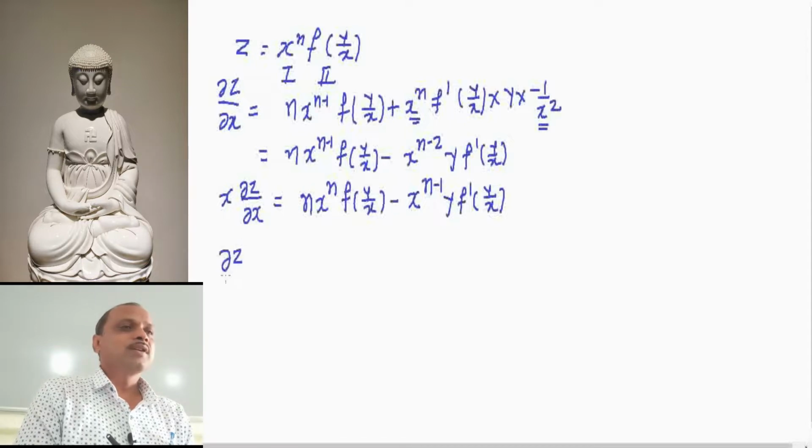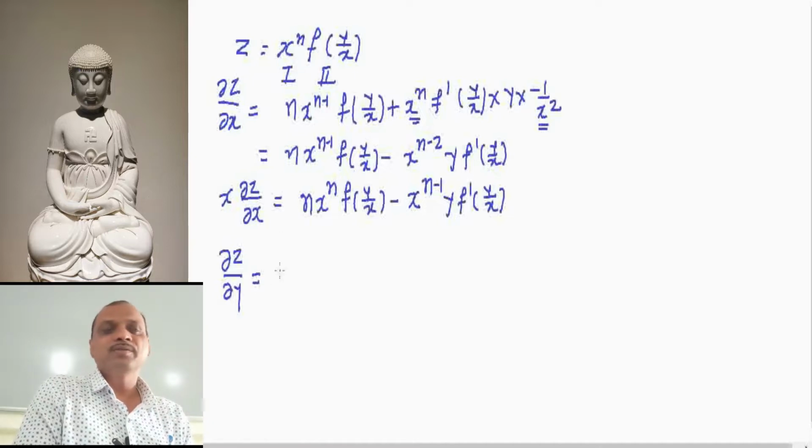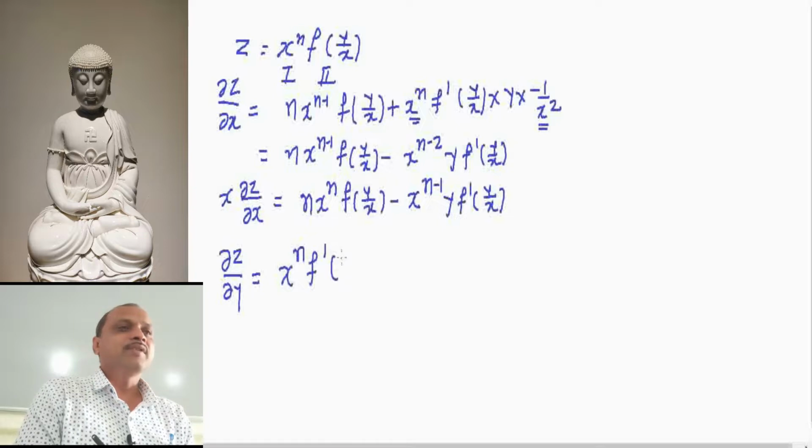Now differentiating partially with respect to y, x is constant when we differentiate with respect to y. So the first term will remain as it is, and derivative of f, that is f dash of y divided by x, into derivative of y divided by x: 1 by x is constant here and derivative of y is 1.